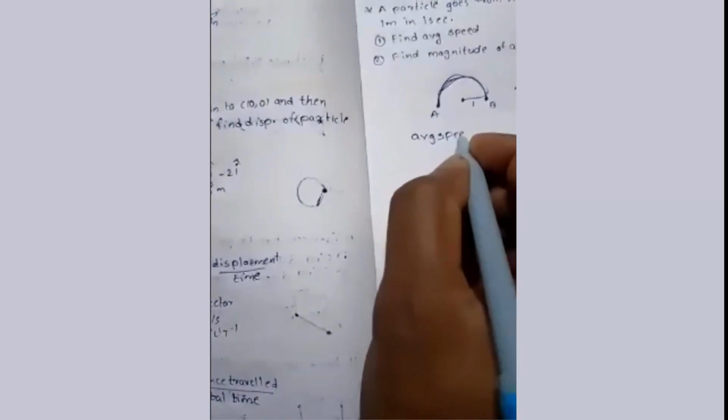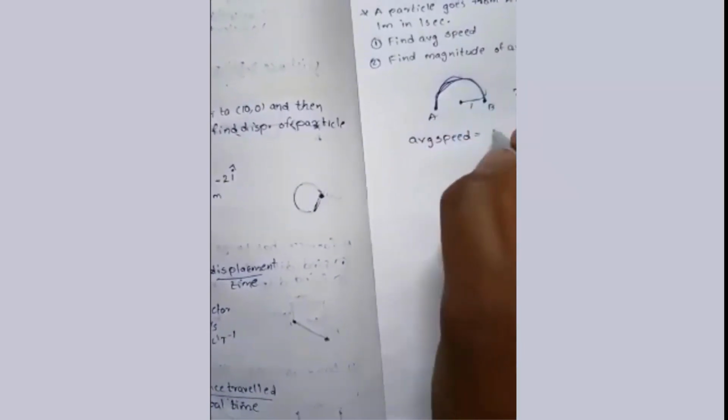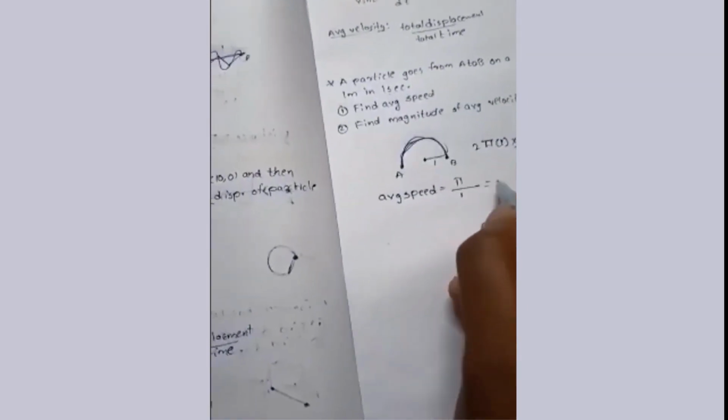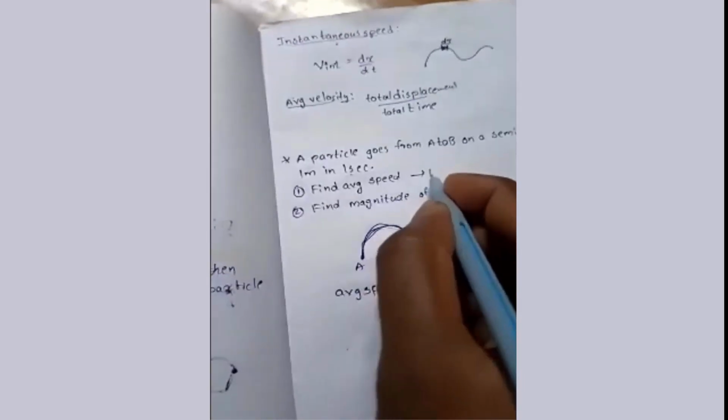Average speed is defined as total distance, pi meters, by time taken, 1 second, equal to pi meter per second. This answer is pi meter per second.